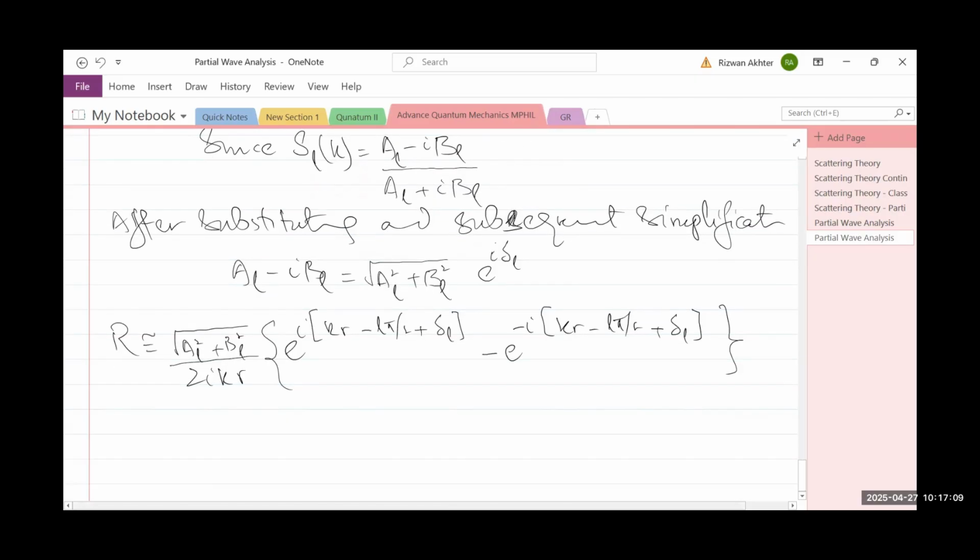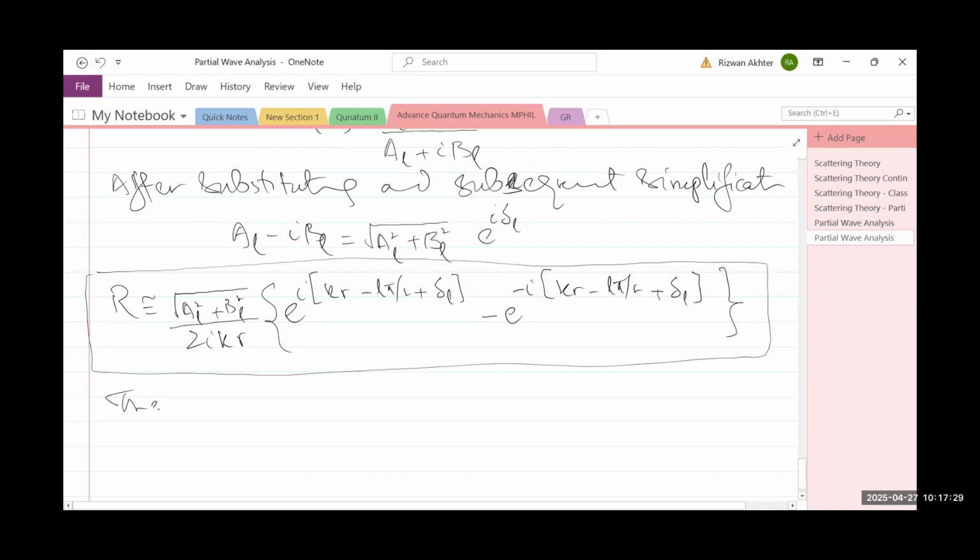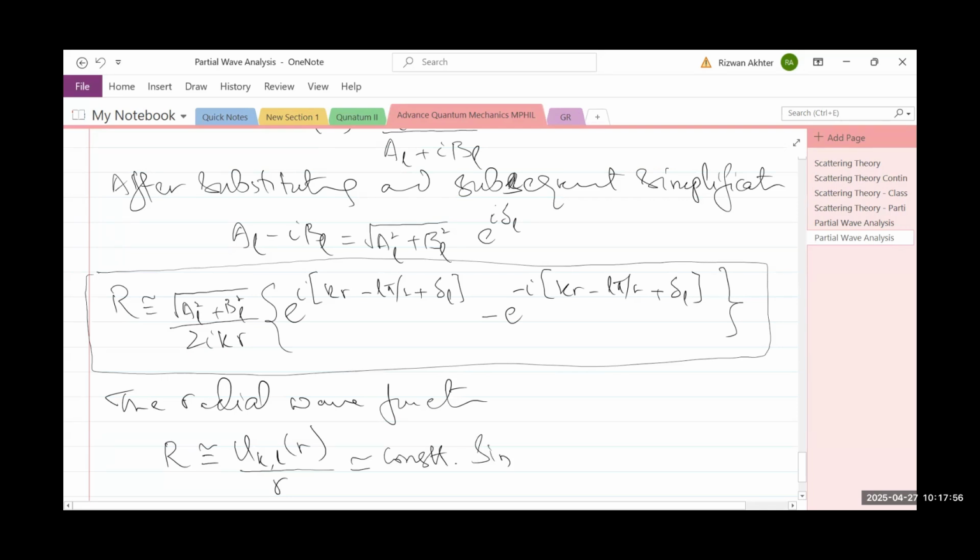And now if we substitute this, this is the wave function that we are in fact calculating in the presence of the potential v of r. So what we started with was the radial part. Initially the radial wave function, if you remember, was u k L of r, some normalized function, divided by r, and this was equal to some constant times sine of (kr minus L pi by 2 plus delta L).